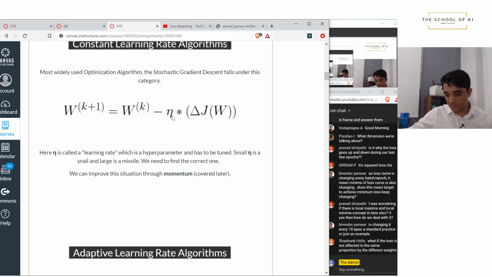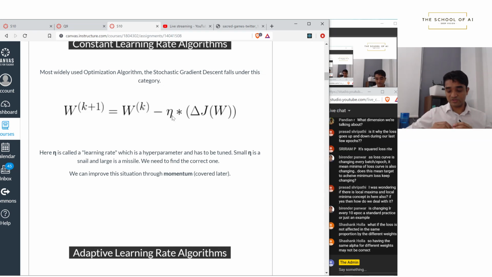And that is what Shashank is also trying to ask, that what if the proportion in which the weights are affecting the loss is different. Now in case of eta, you will think that because my learning rate is fixed for every single parameter, I don't have that kind of freedom in which I can move some parameter fast and move some parameter slow, right? So that sounds like a negative thing, and we're going to see it's not actually.